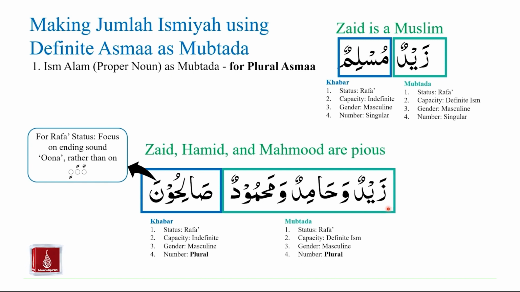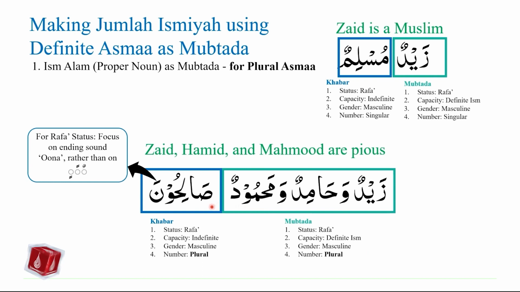Furthermore, Zaidun, Hamidun, Mahmudun are definite in capacity. Salihuna is indefinite in capacity. Zaidun, Hamidun, Mahmudun are all masculine. Salihuna is masculine. Zaidun, Hamidun, Mahmudun are more than 2 in number, therefore plural.